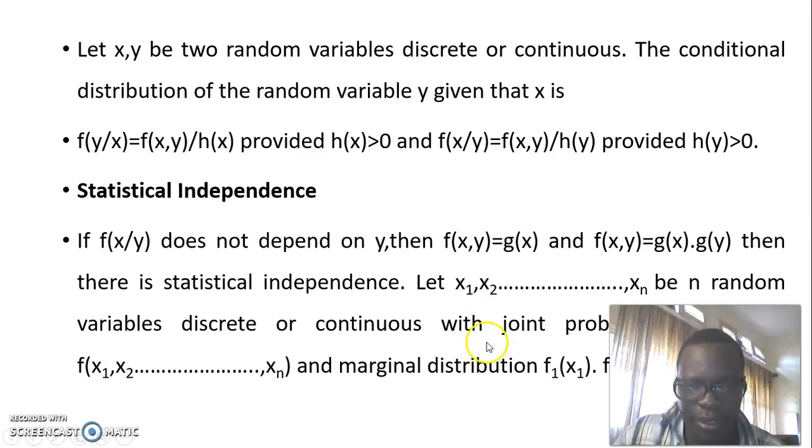Now, supposing we have x1, x2 up to xn random variables which are discrete or continuous, with their joint probability distribution as f of x1, x2 up to xn, and their marginal distributions as f1 of x1, f2 of x2, up to fn of xn.